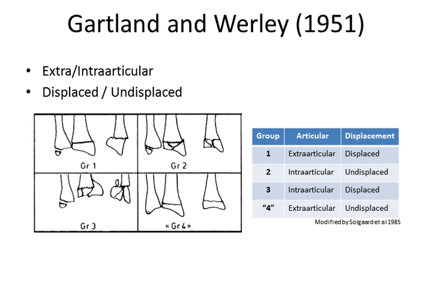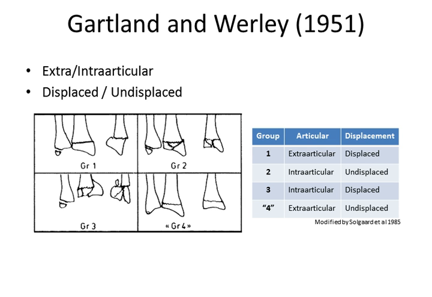This one is probably one of the more well-known historical classifications, in 1951, Gartland and Werley. They also have a functional scoring system, but they also have a radiographic classification system. So this is their radiographic classification system. Sorry, I'm blocking you. Originally it was 3 grades, 1, 2, 3, and then Sarmiento in 1985 added a 4th grade.